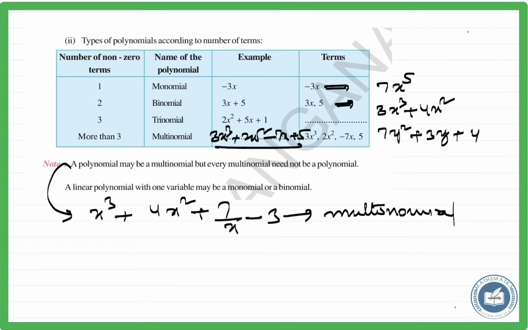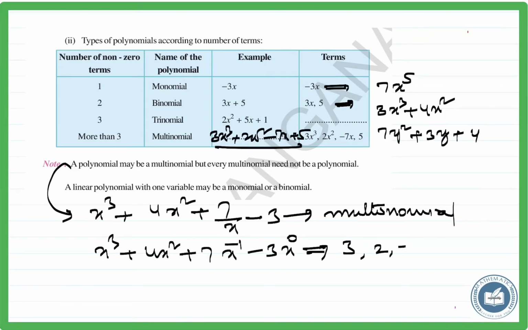But check the exponents of the variable in the terms of this multinomial: x cube, 4x square, 7x to the power of minus 1, minus 3x to the power of 0. The exponents of the variable here are 3, 2, minus 1, 0.